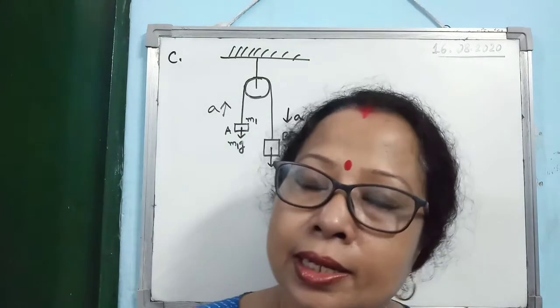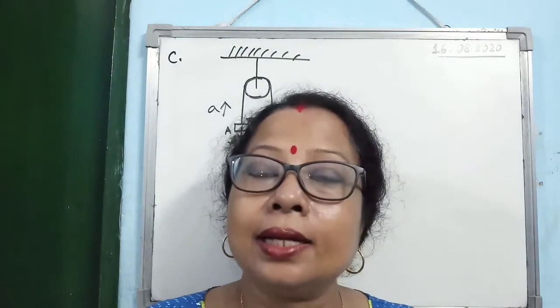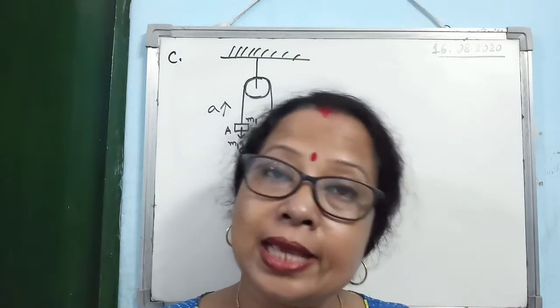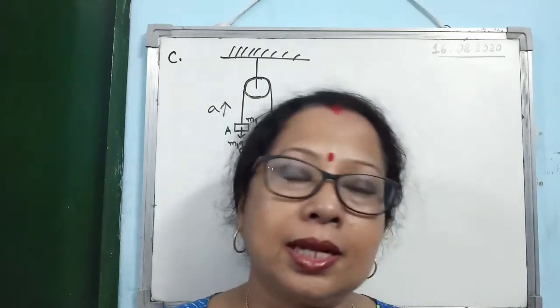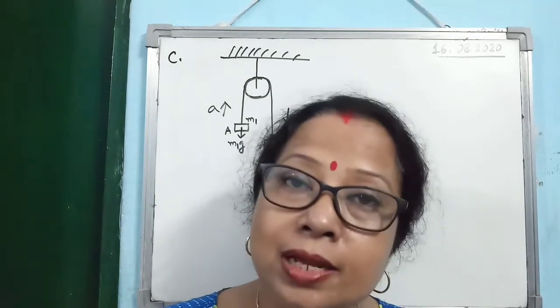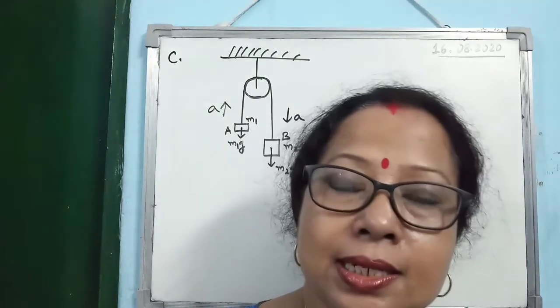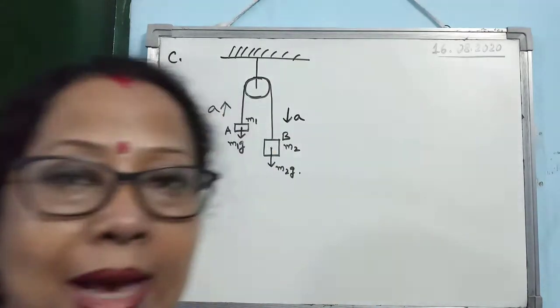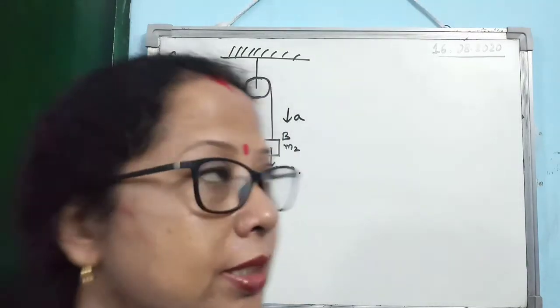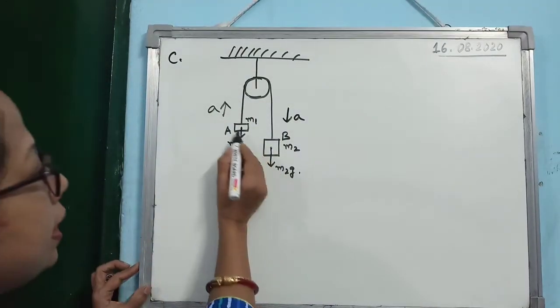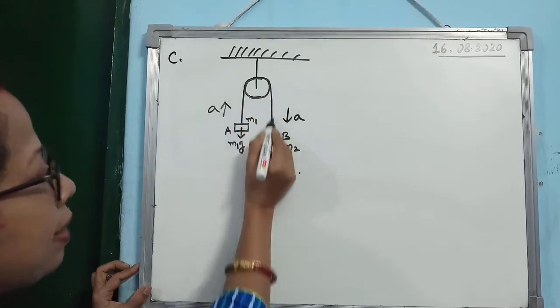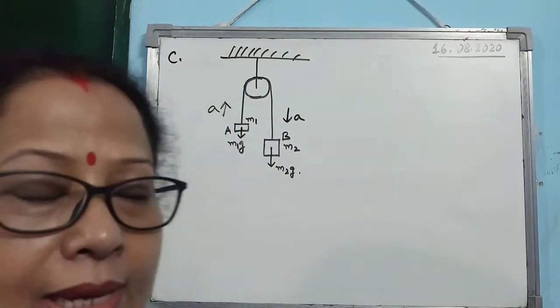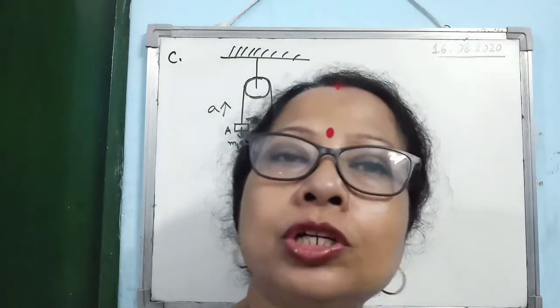Remember that it can never happen that two parts of the same system have different acceleration. So the system will have only one acceleration. Different parts of the system should have the same acceleration. This is the first concept. Second concept: the two bodies are connected by the same string, and in different parts of a string the same amount of tension acts.